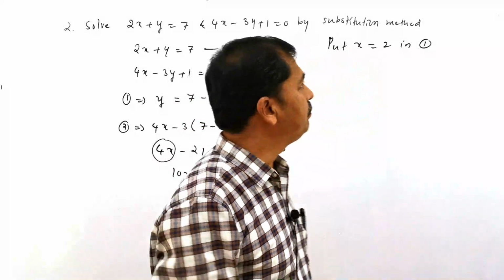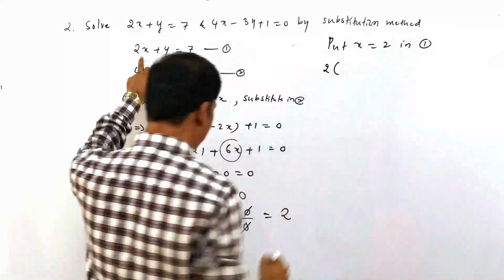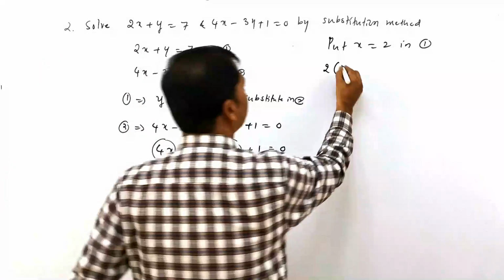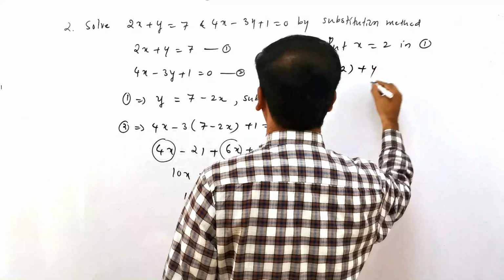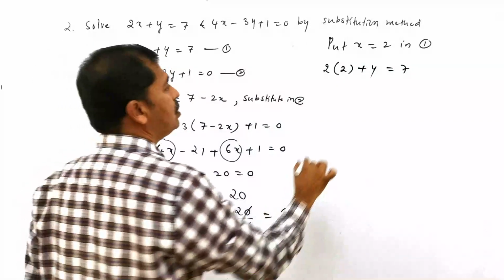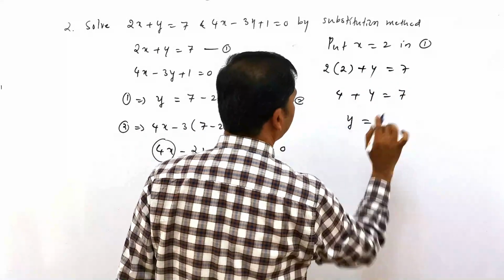See, 2x plus y is equal to 7. The x value is 2, that's why 2 into 2. So this is 4 plus y equal to 7.